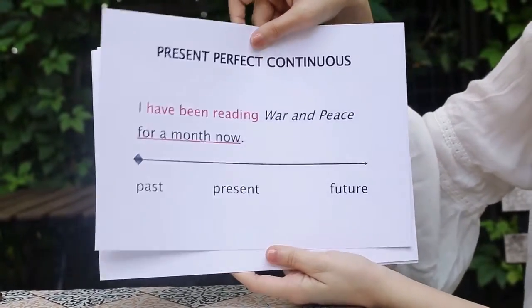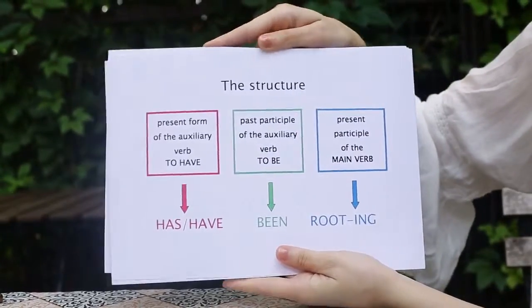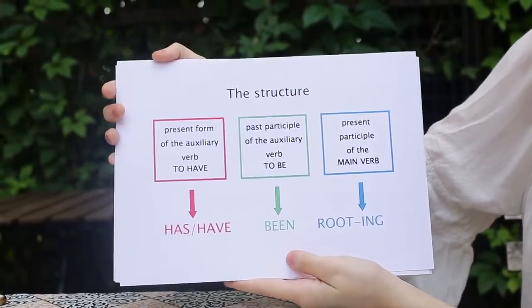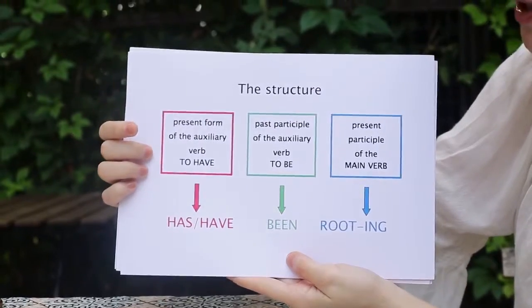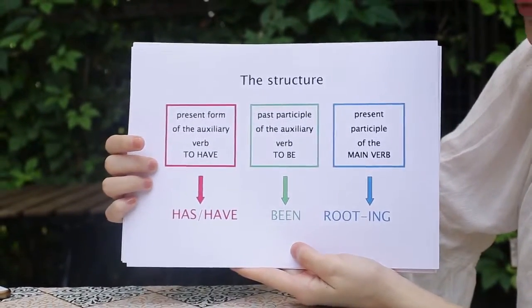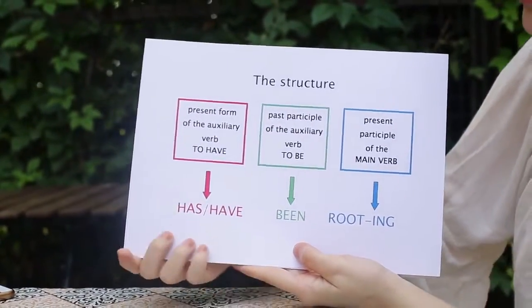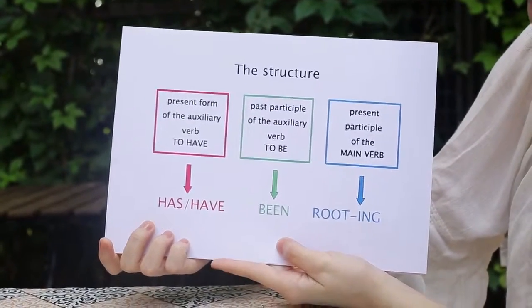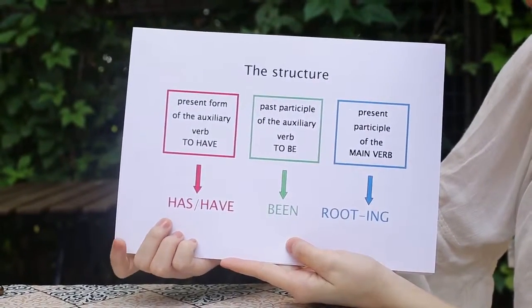Let's see how we build it. First, we need the present form of the auxiliary verb to have, which is have, except in third person singular when it's has.